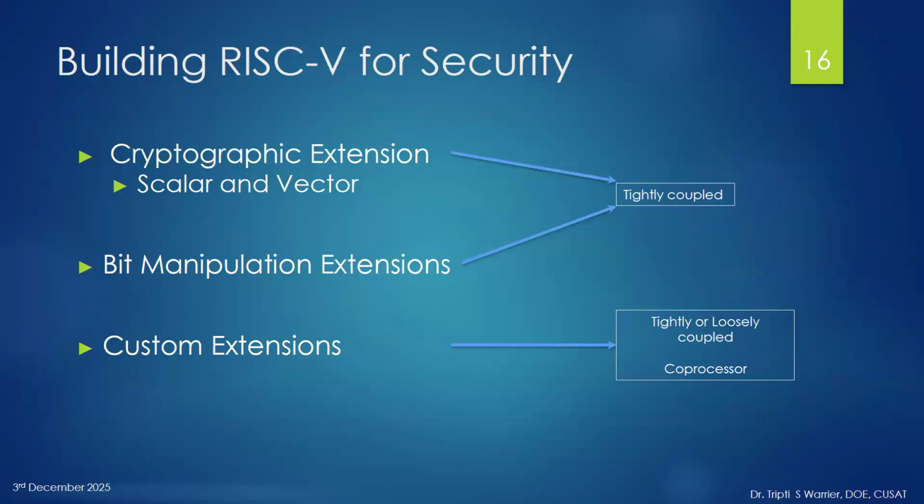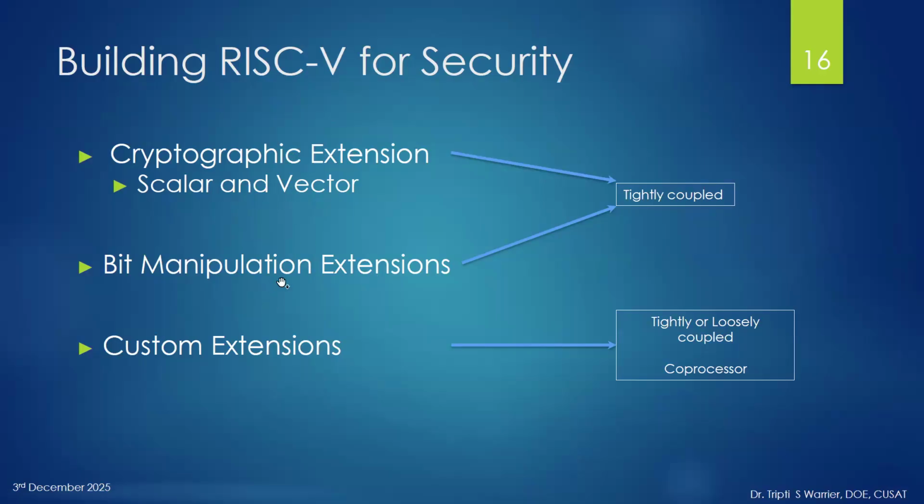So for security, we generally talk about cryptography. And we are going to look at examples of how you can develop tightly coupled and loosely coupled RISC-V designs. Different examples are there, but we are basically looking at three different strategies. One is using cryptographic extensions directly, some of which have been ratified and are now part of the ISA as an extension instruction set.